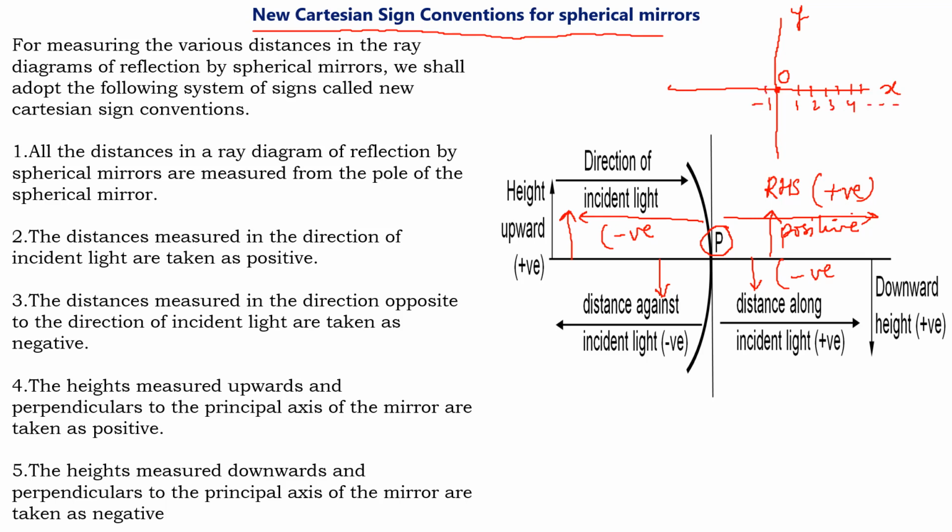Here you have your negative values -1, -2, -3, -4 and so on. And here you have all your positive values 1, 2, 3, 4. So that's how the height is always taken as positive when it is above the pole, and always taken as negative when it is below the pole. This much is clear to you.